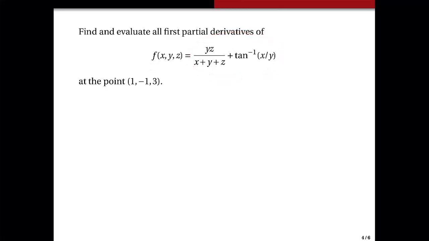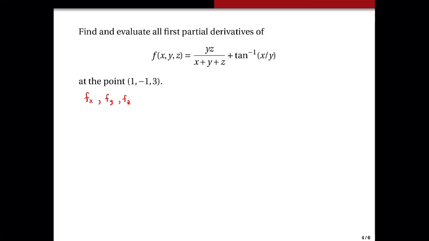So it means that we have 3 independent variables, x, y, z are all independent variables. Our goal is to find f sub x, and then f sub y, and then f sub z, so all first partial derivatives. And then we evaluate at the point (1, -1, 3).